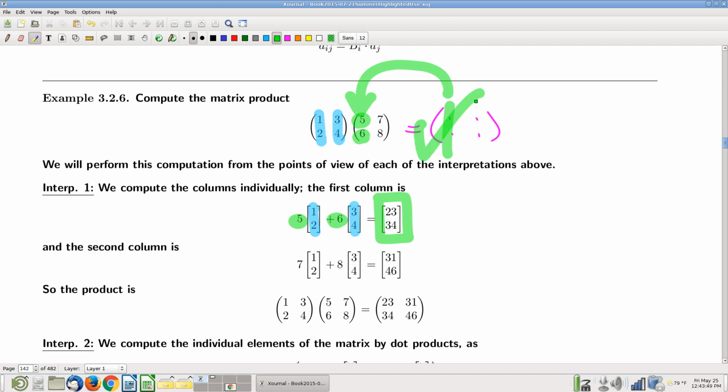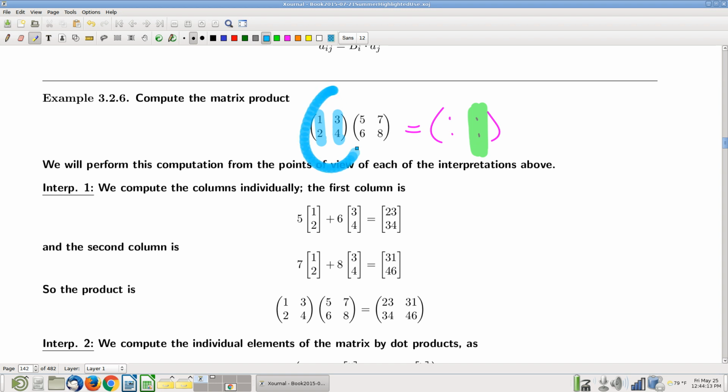Everybody see the process? It's a lot like matrix vector multiplication. You just have to pick the appropriate column of the right matrix. Likewise, for the second column, if you want to compute the second column over here, that's going to come as well a linear combination of the columns of the left matrix.